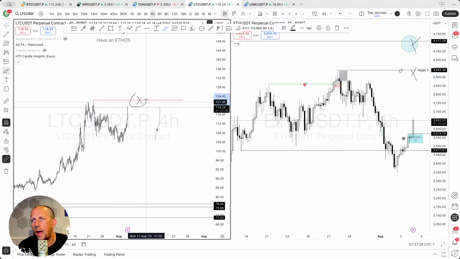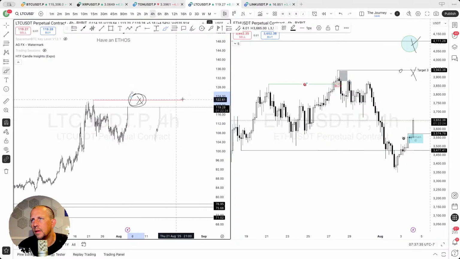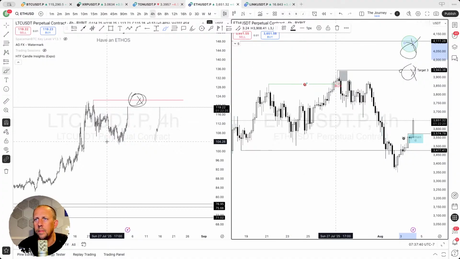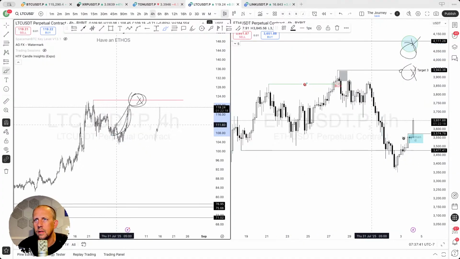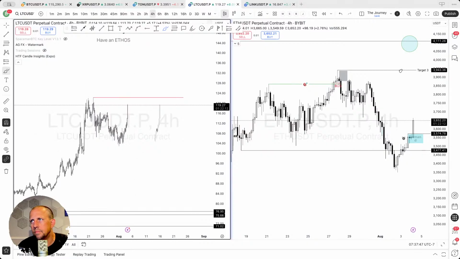But I would still say this for LTC and this for ETH. I don't have a good reason as to why that's showing a little more strength this morning than ETH.